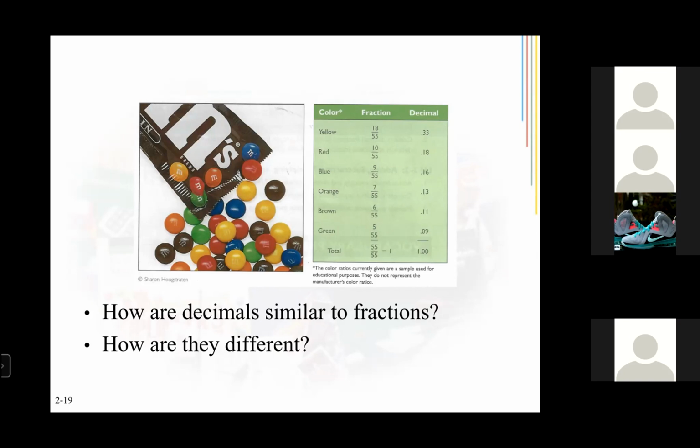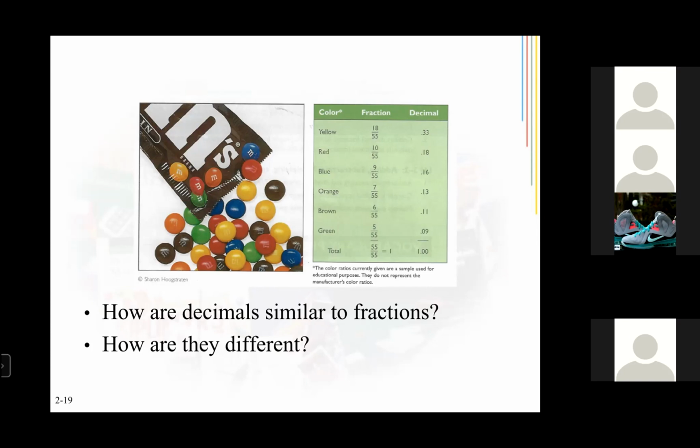So in this example, or the screen that they're showing you, you could consider a bag of M&Ms as one whole. The pack is a whole, but the pack could be divided up into parts depending on colors.